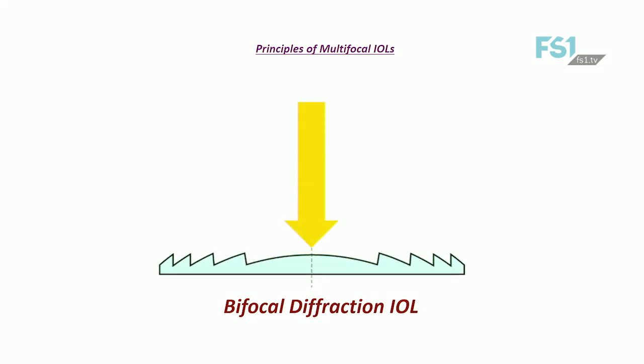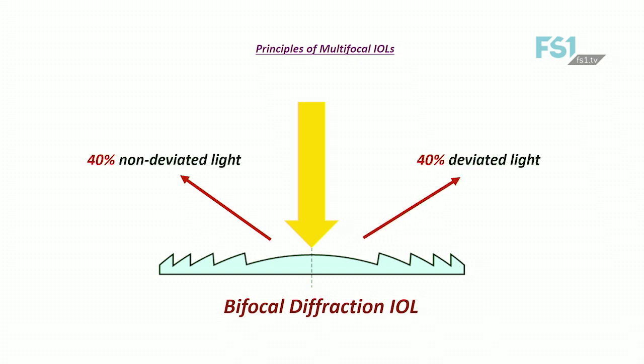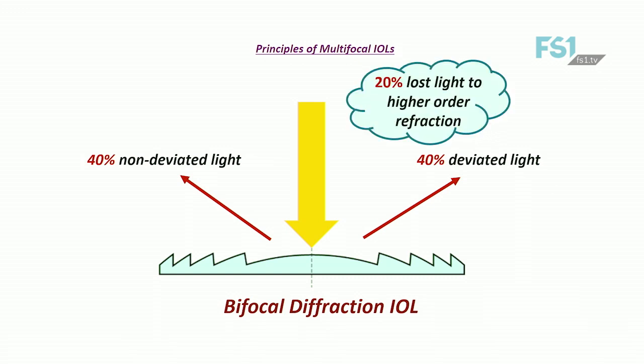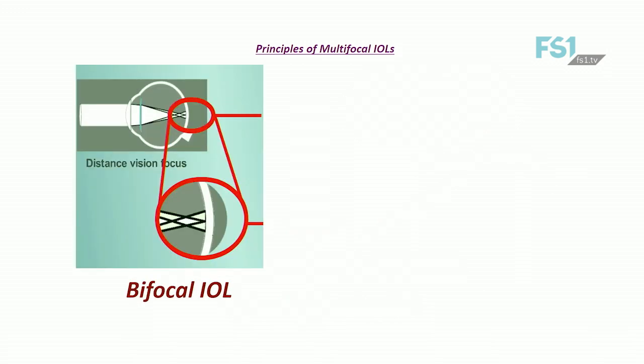So, what is a bifocal diffractive IOL? The multifocal IOL splits the incoming light into non-deviated light and deviated light. This split light is about 40% each. Another 20% is lost to higher order refraction.